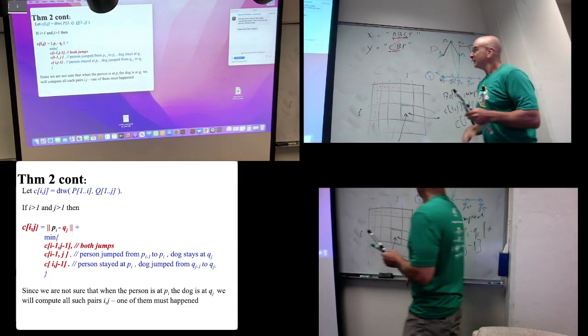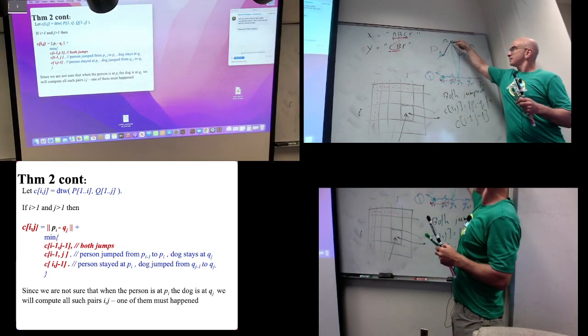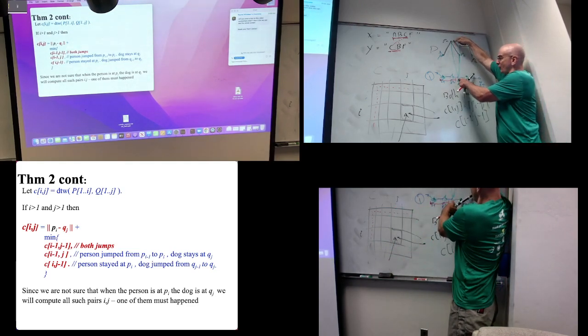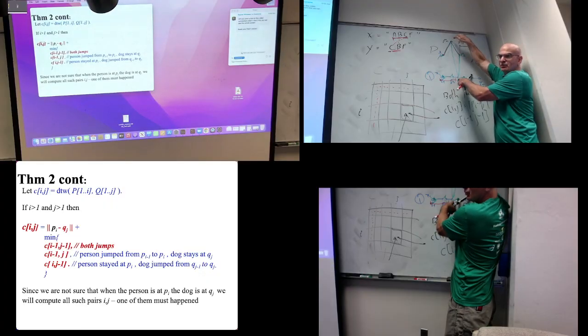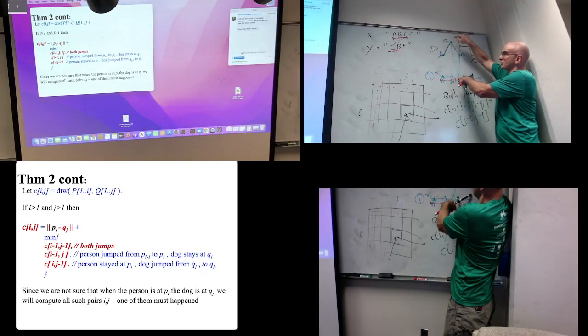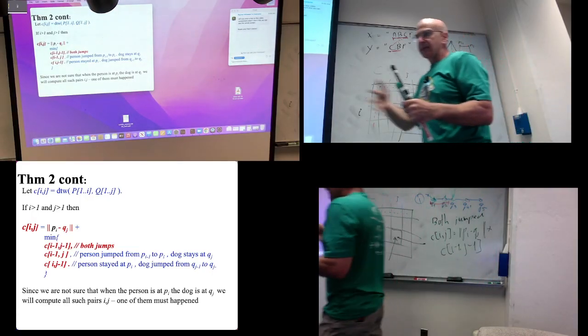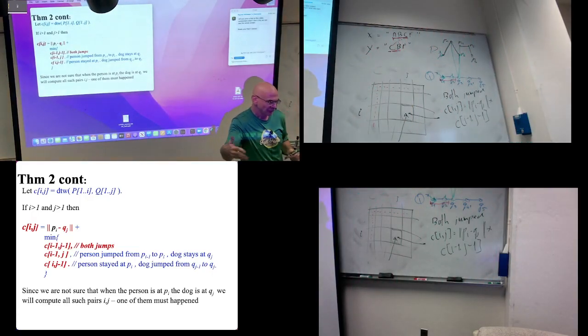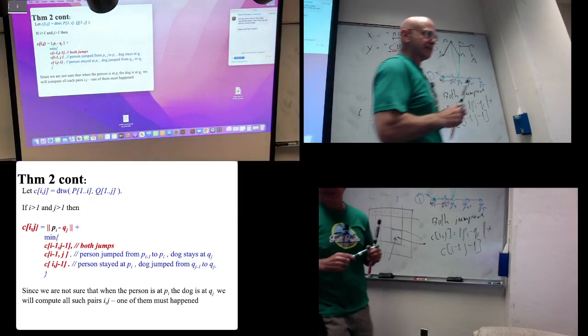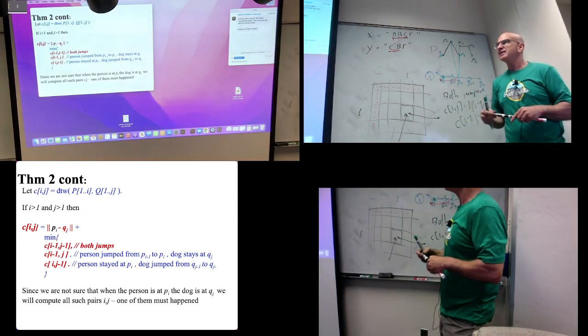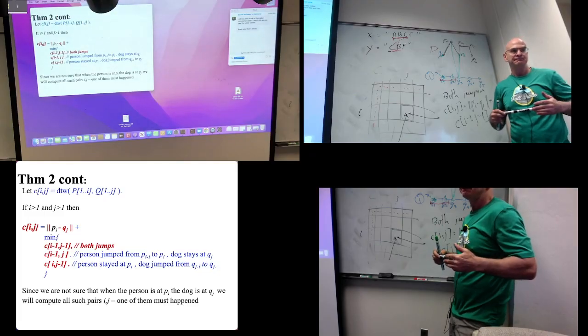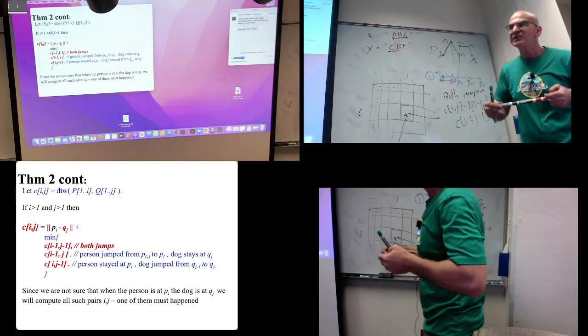Once again, if my sub-problem is to bring the dog to Q3 while bringing the person to P2, find the optimum scheduling that brings me to this location. It doesn't matter that this is just a sub-problem of a larger problem because there are more vertices to come. I'm sure that this problem will be solved optimally. Every sub-problem will be solved optimally.